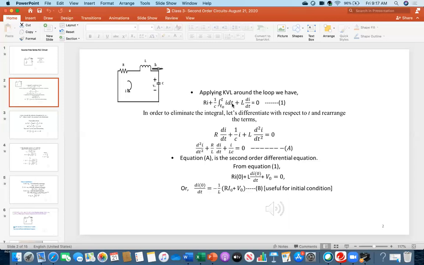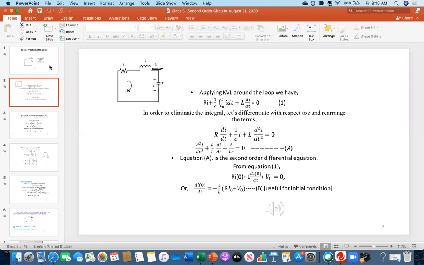Look at equation 1 and the expression that I'm showing here: R i naught plus L di naught by dt, the third term. And for the middle term, 1 over C integration of t naught to t i dt, that is basically the voltage V naught.